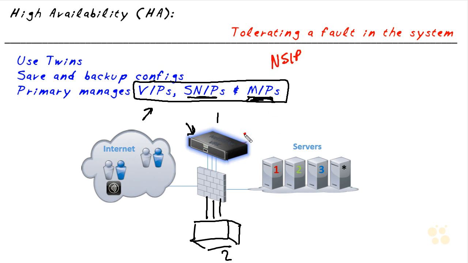So if the primary ends in .225 and the second NetScaler has the last octet of 2.35, those do not change. And that's a good thing.